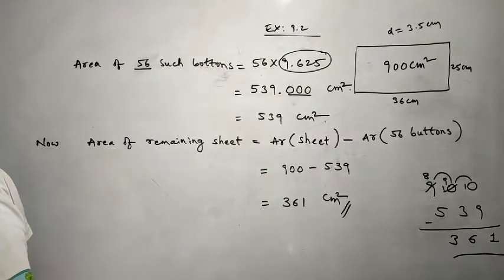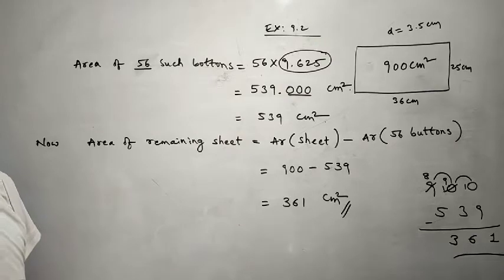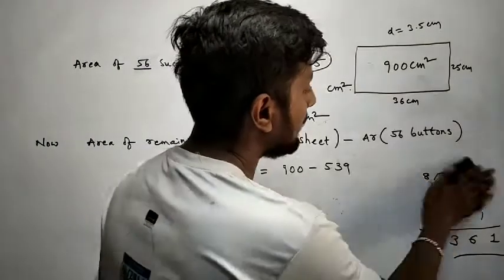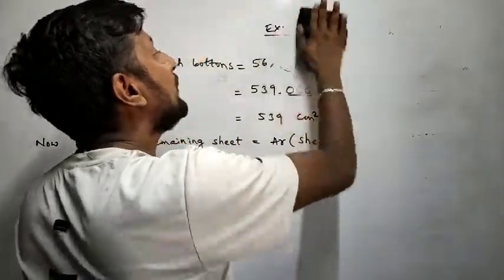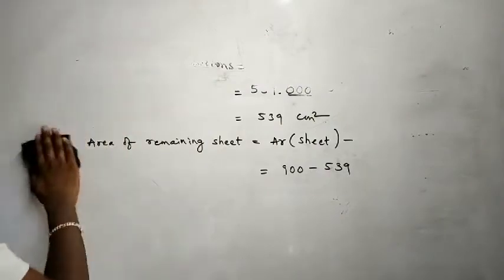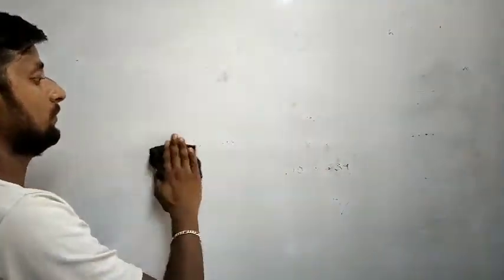Now we have the second question. Find the area of a circle which is inscribed in a square of side 28 centimeters. That means a circle is fixed in a square whose side is 28 centimeters. Okay.